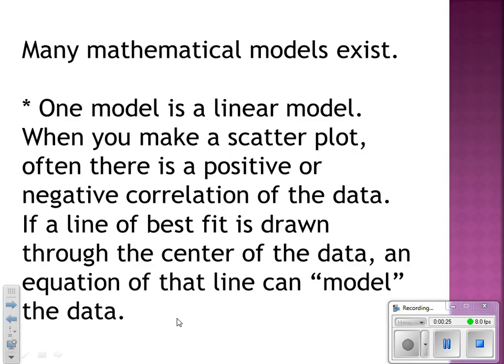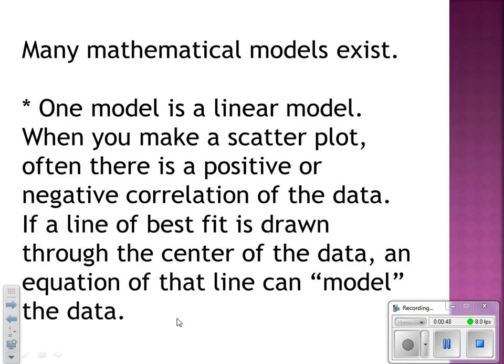There's a lot of different kinds of mathematical models. One of them that you guys are quite familiar with would be linear models. Scatter plots are generally one of the graphing forms that go along with these linear models. You know from past experiences with scatter plots that very often the data sort of lines up.